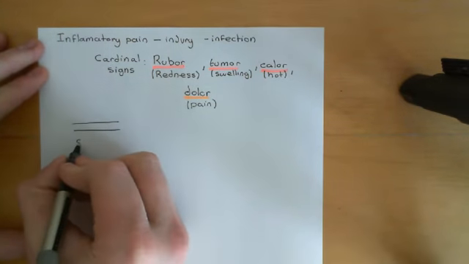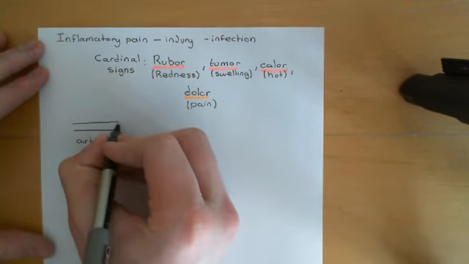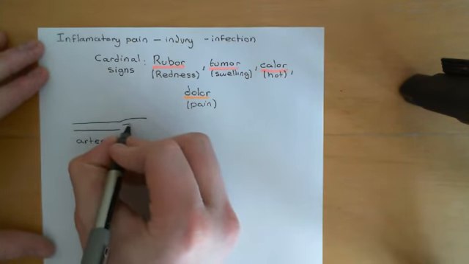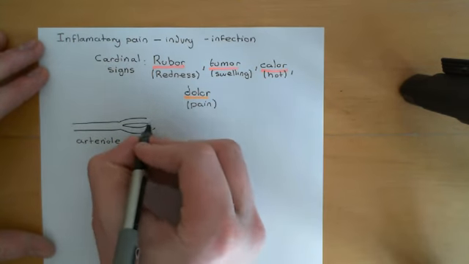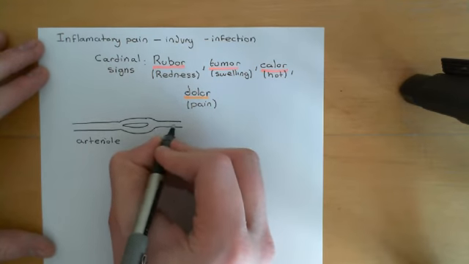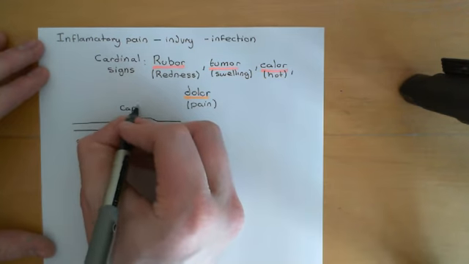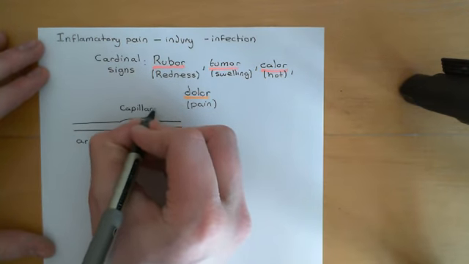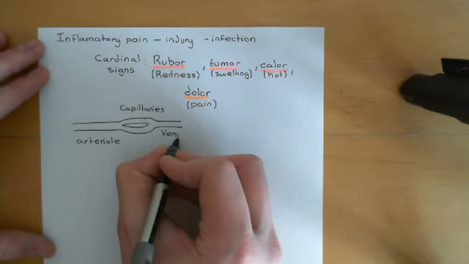Firstly you have the little arterioles, so here is an arteriole. Then the arteriole is going to split down into tiny blood vessels known as capillaries, and those capillaries will reconverge into venules. So this is the capillary bed here, and this is a venule here.